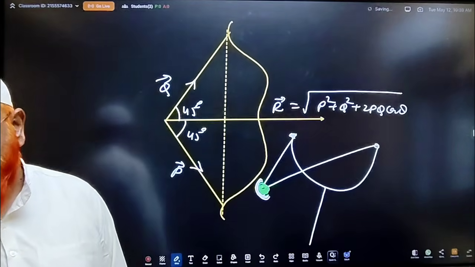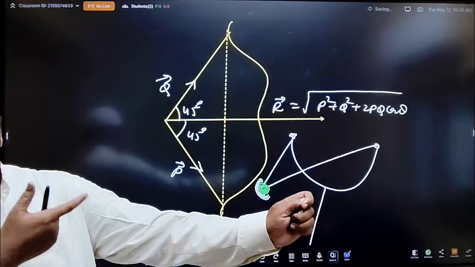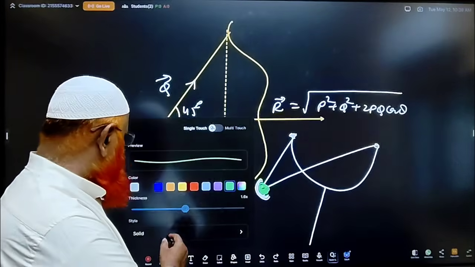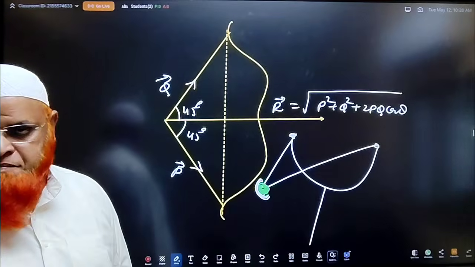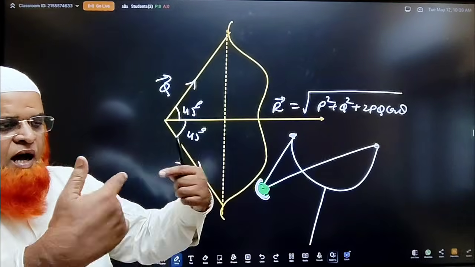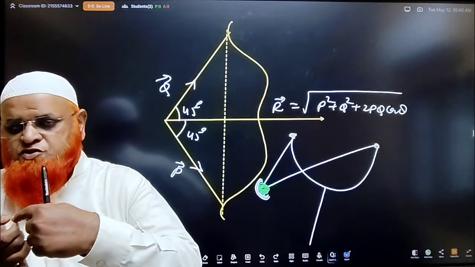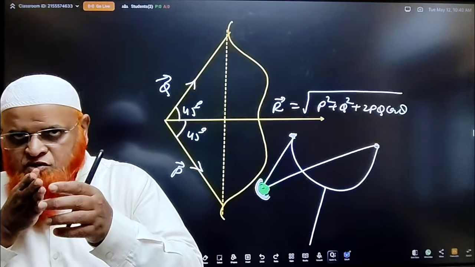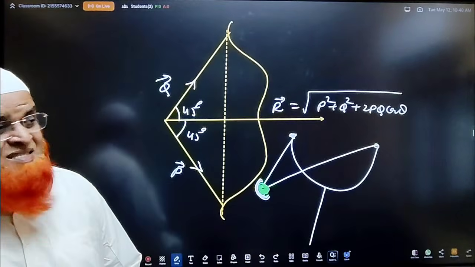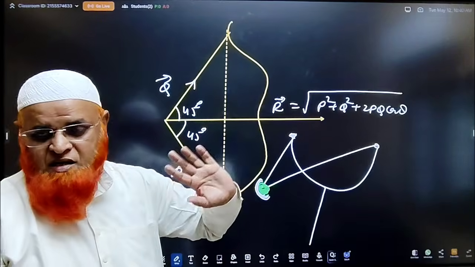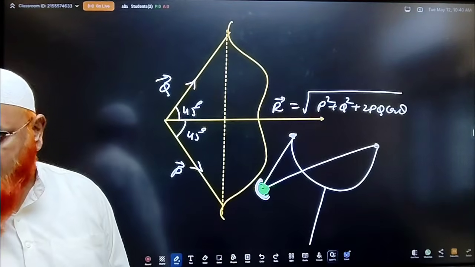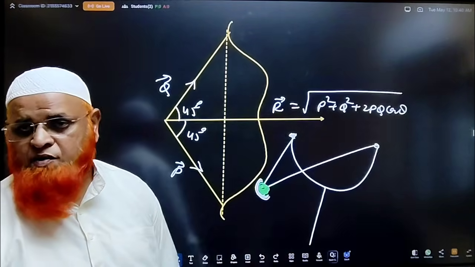You're not playing nowadays. Otherwise, we used to play like this. So this is also the same thing. Strings are pulled like this. You keep a stone in the middle and leave it. So it goes along the direction of the resultant. This is called parallelogram law. Parallelogram law also gives the same value here.